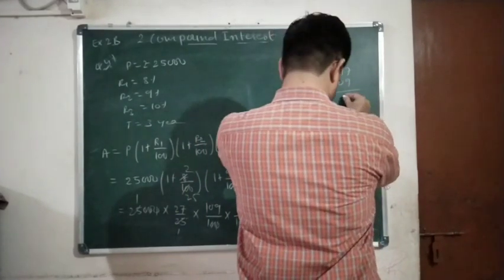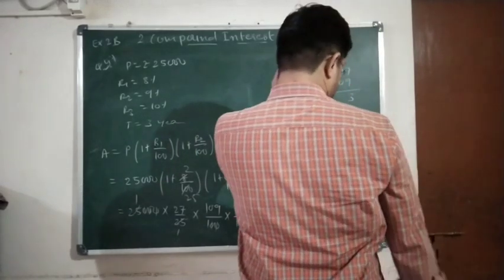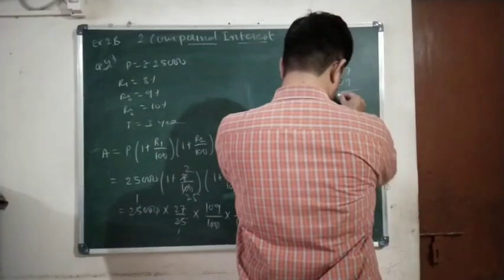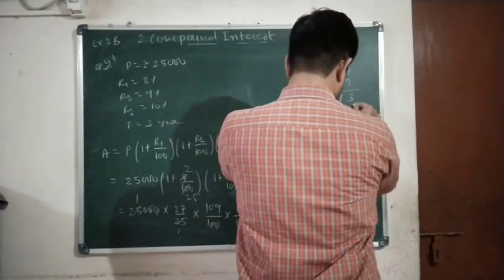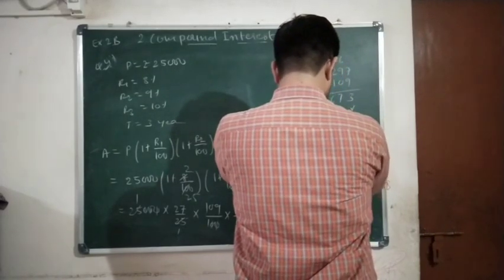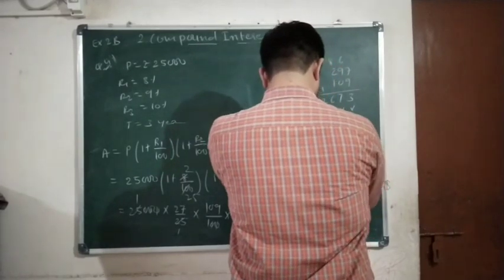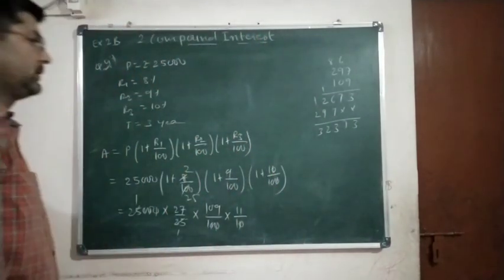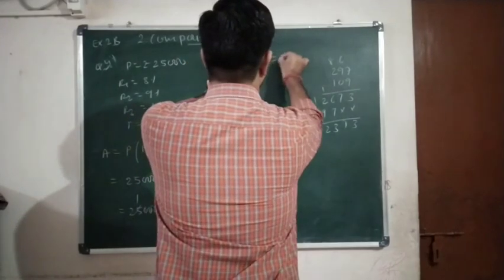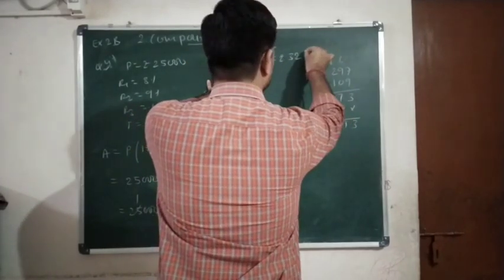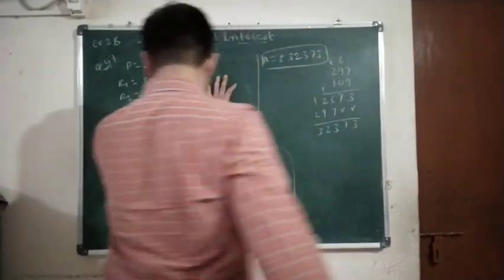Okay, 9 sevens are 63. 9 nines are 81 plus 6, 87. 9 twos are 18 plus 8, 26. So we got the answer to be 32,373. This is the amount.